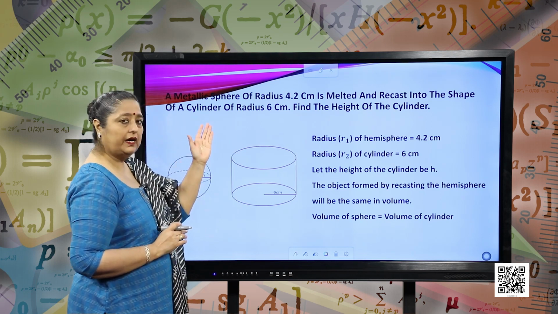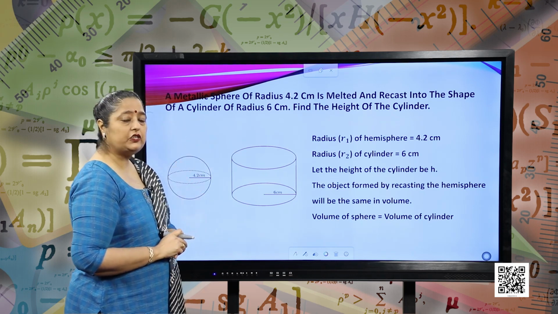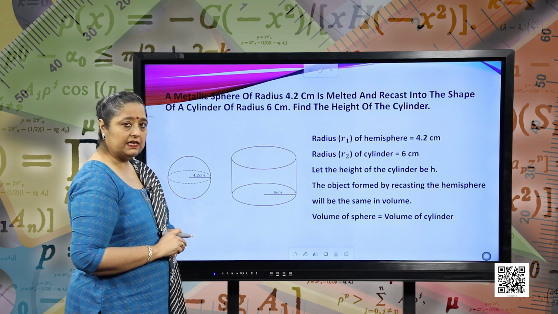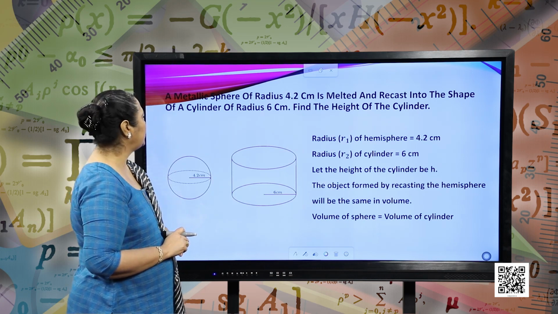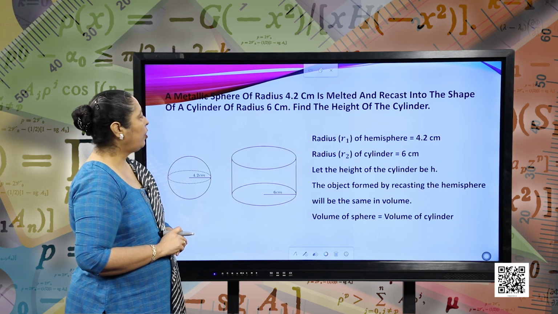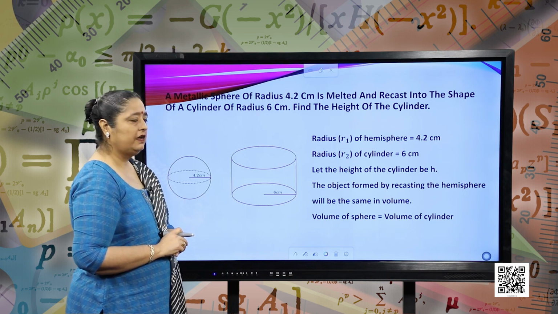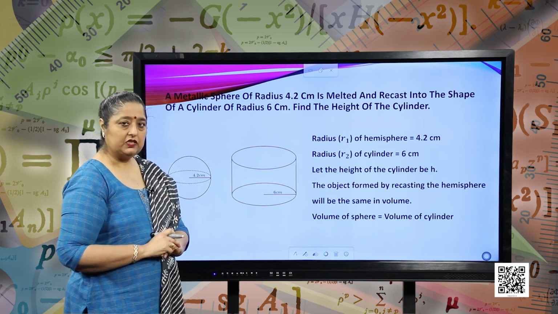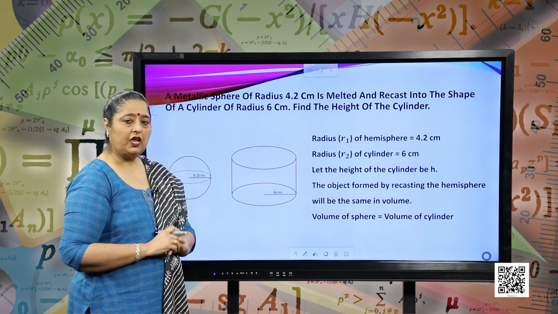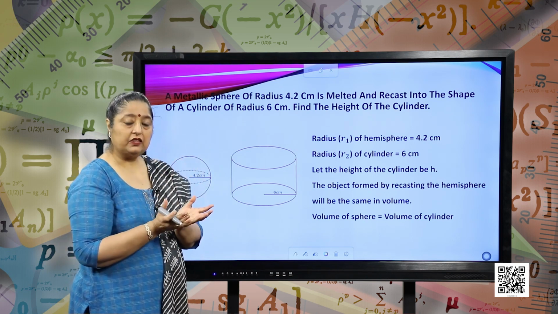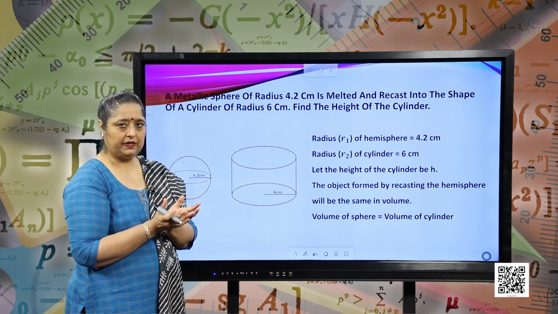A metallic sphere of radius 4.2 centimeter is melted and recast into the shape of a cylinder of radius 6 centimeter. Find the height of the cylinder. Students, you need to understand, when a metal is reshaped, the volume remains the same. Okay?